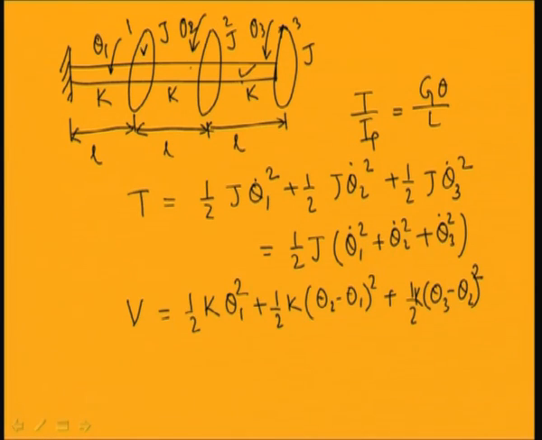So I assume this rotation to be equal to 1, here it is equal to 2, and the rotation of this one equal to 3 units. So T max equal to V max. Maximum kinetic energy equals maximum potential energy.